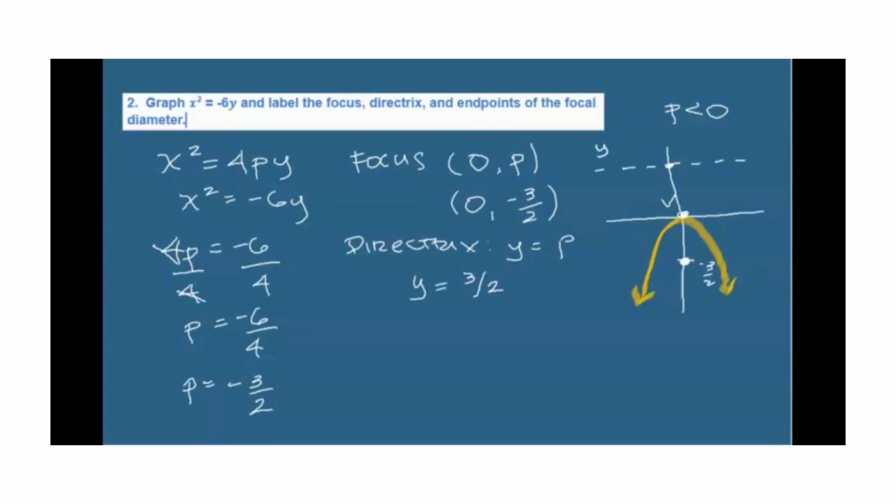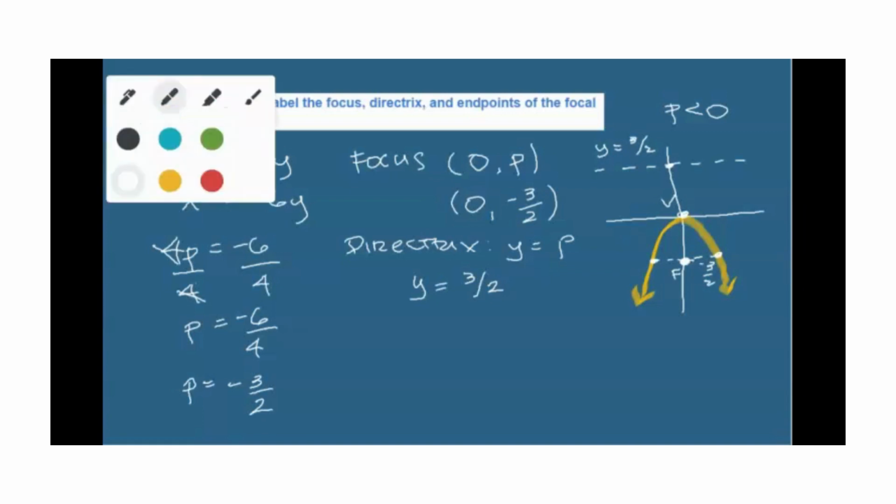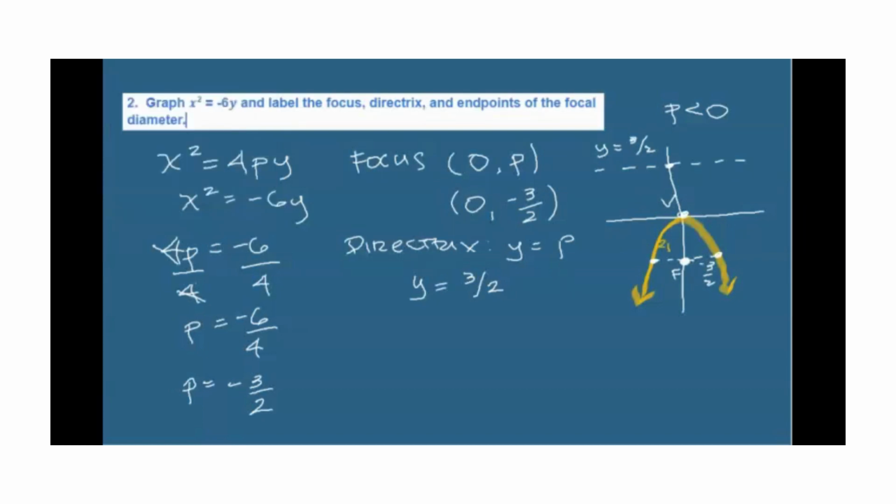So this is y equals 3/2. And then the endpoints of our focal diameter, which is this. So from the focus to the curve, that is equal to 2p.